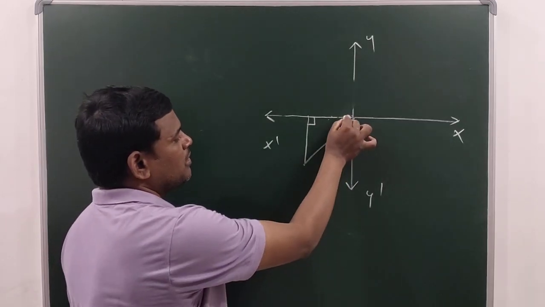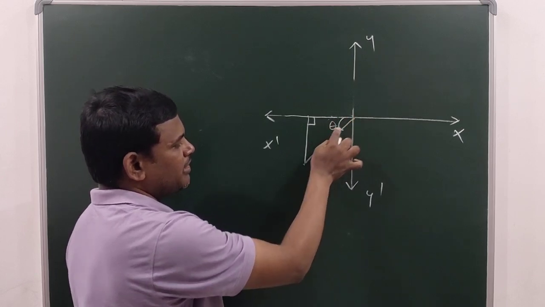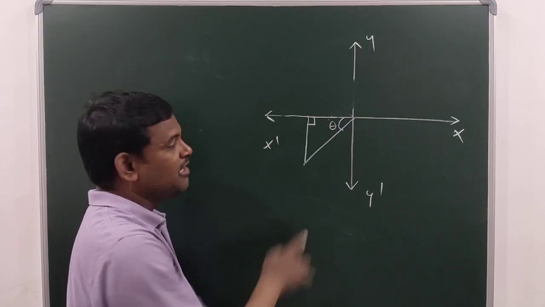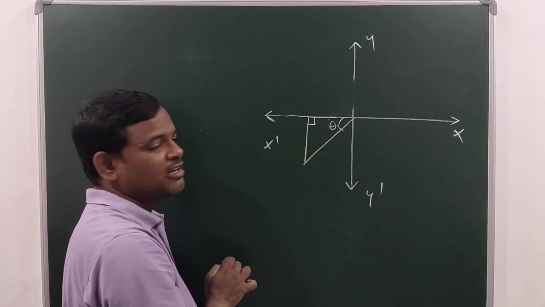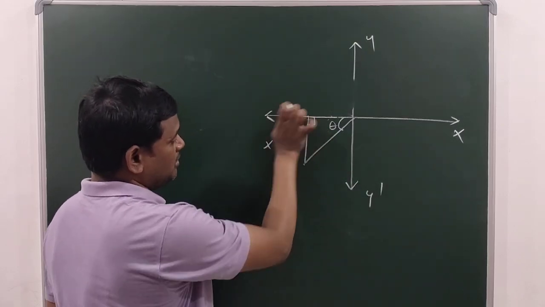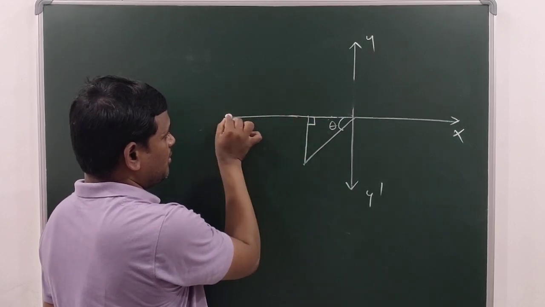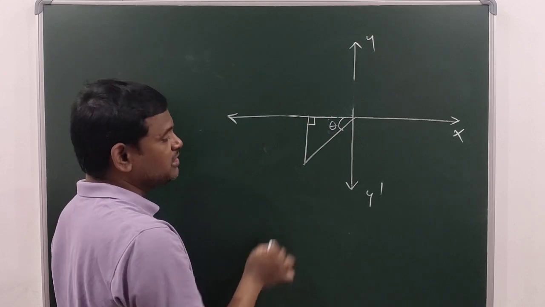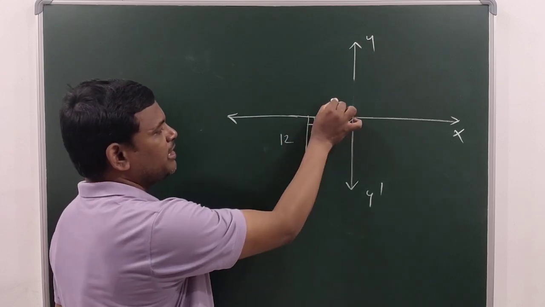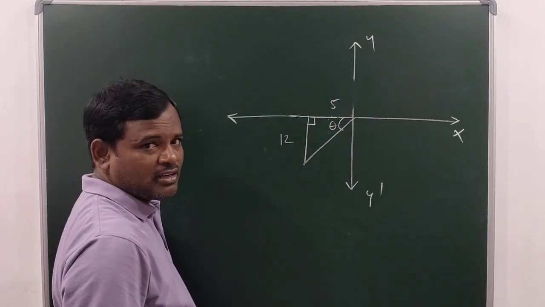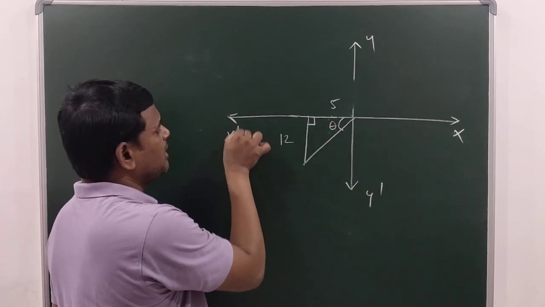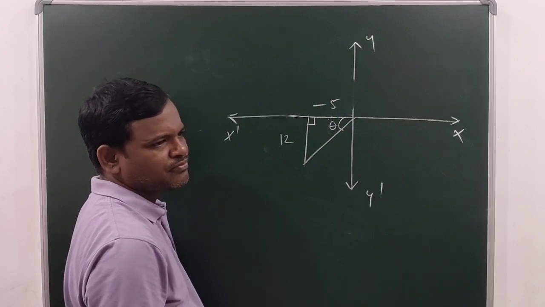Now go to the third quadrant. If an angle belongs to third quadrant, you have to draw the right angle triangle like this. With respect to this angle theta, this side is opposite, this is adjacent. But what is given? 12 by 5. Here 12, here it is 5. But see students, it is along the negative x-axis, hence it should be written -5.